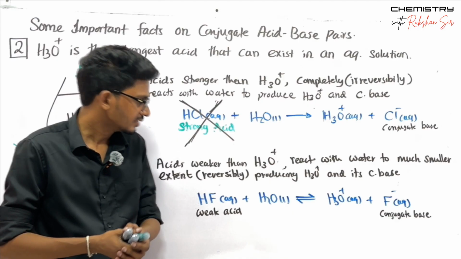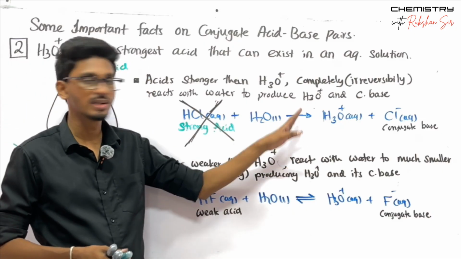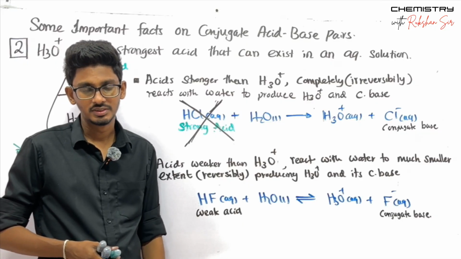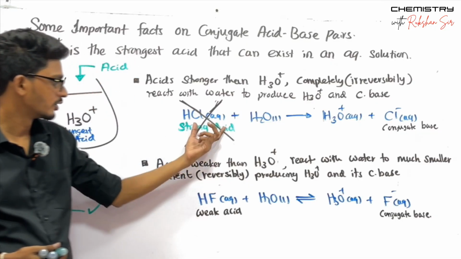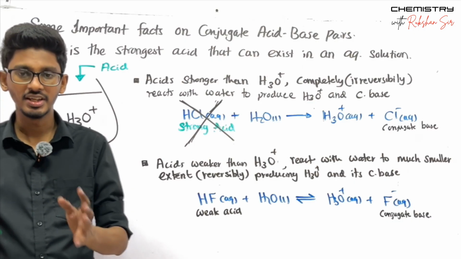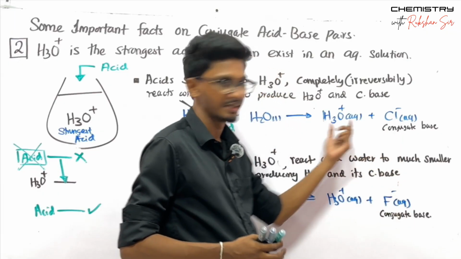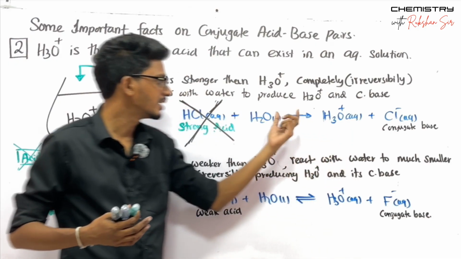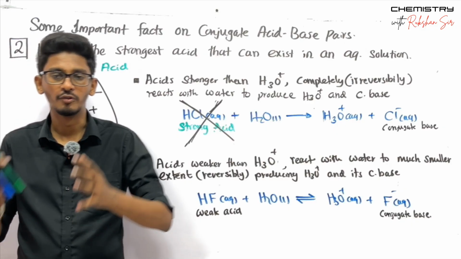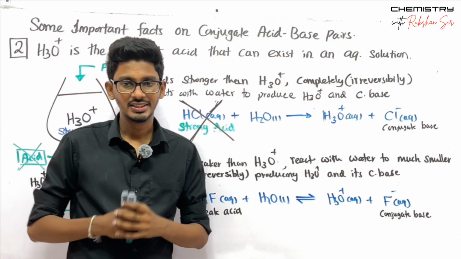But anyway, if you are an acid, definitely it will produce the conjugate base and the H3O plus as products. Whether it is irreversible or reversible will be decided by the strong or weak nature compared to H3O plus. That is the summary.